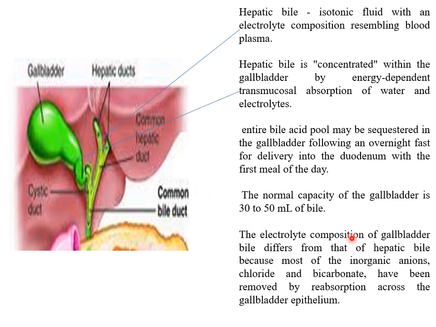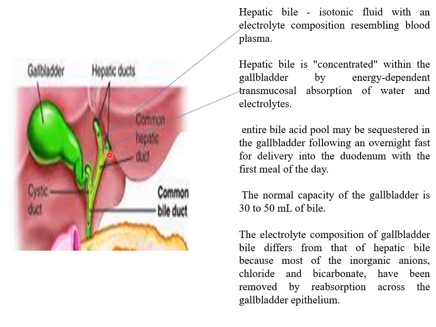The electrolyte composition of gallbladder bile differs from that of hepatic bile because most of the inorganic components, as you know, get absorbed. So the bile coming out here is a little different from the bile in this area. This is an important physiological point to be remembered and also clinical. We'll come to it later.